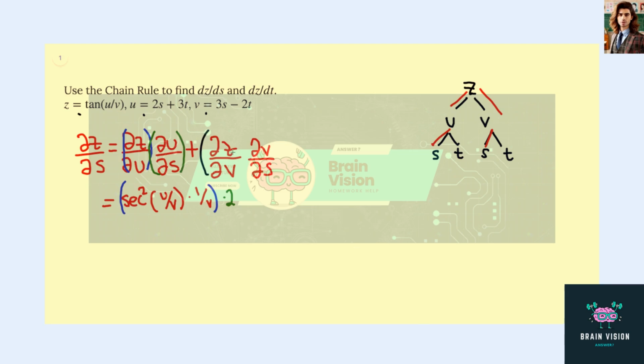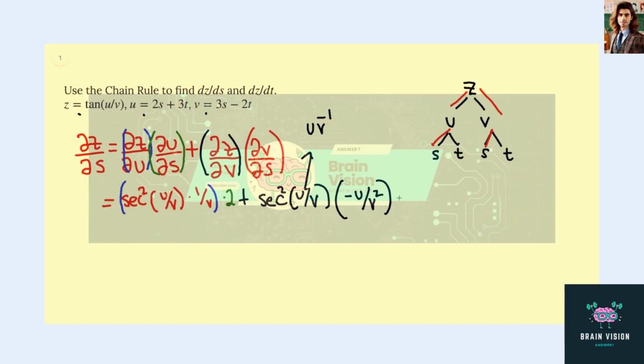And then derivative of z with respect to v, so this one will still have the secant squared, but now we multiply by the derivative of uv to the minus 1 with respect to v. And then finally, derivative of v with respect to s, that's 3.